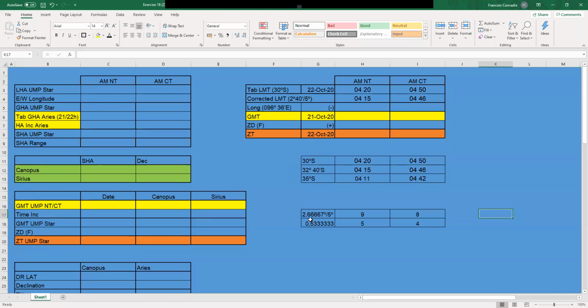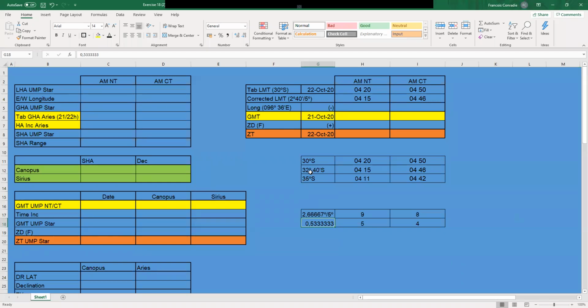That 2 degrees 40 minutes, 2.666 degrees over 5, is going to give you a fraction. So we've gone down by 0.53 out of 1. It's a fraction of the maximum value.